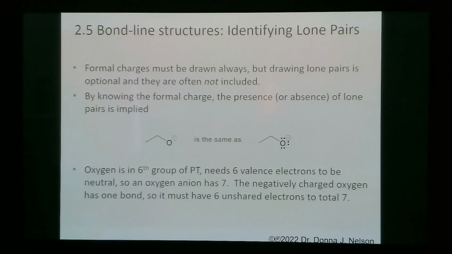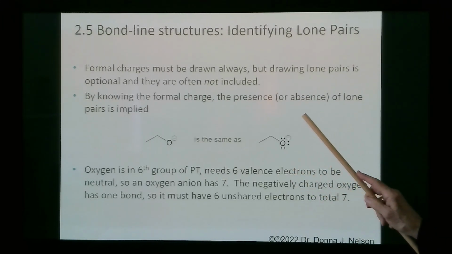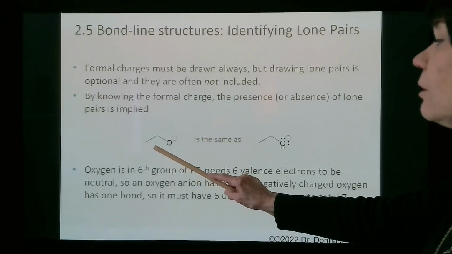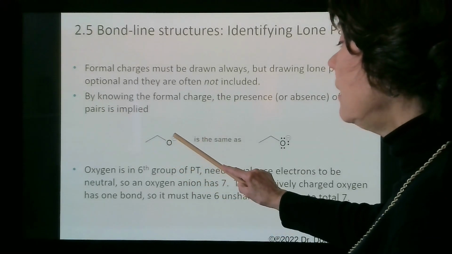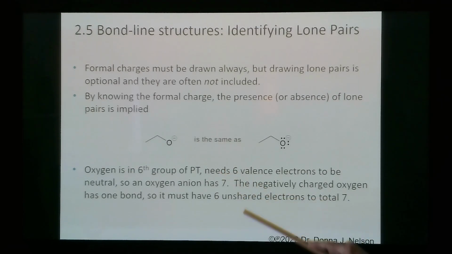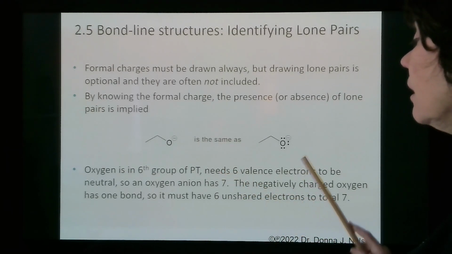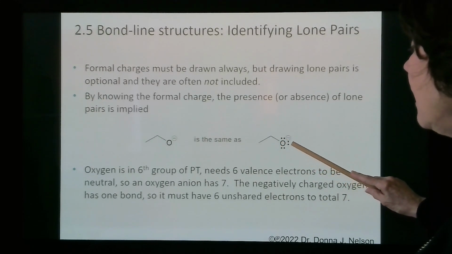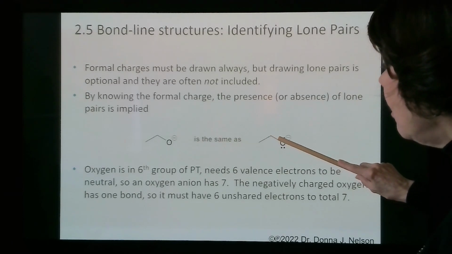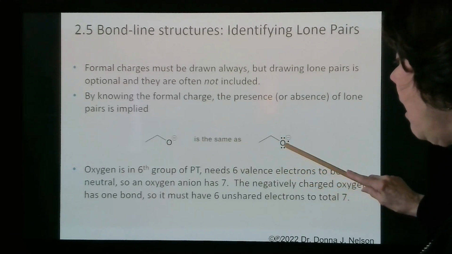Bond line structures, the formal charges must be drawn, but drawing the lone pairs is optional. The lone pairs are often not included. So here, this is an anion. The negative charge is shown on oxygen. Oxygen is in the 6th group. It needs 6 valence electrons. Here, this oxygen anion actually has 7, 2, 4, 6, and then 1 more from the oxygen-carbon bond.